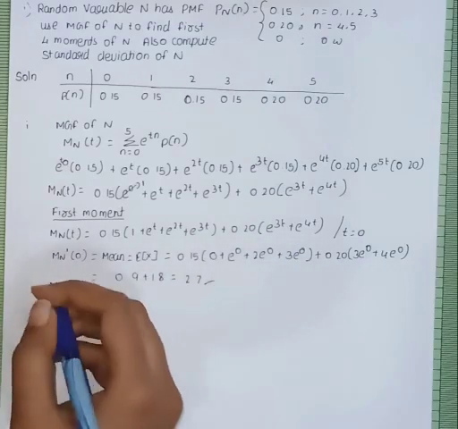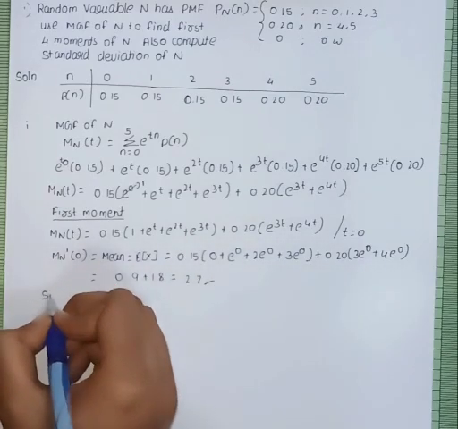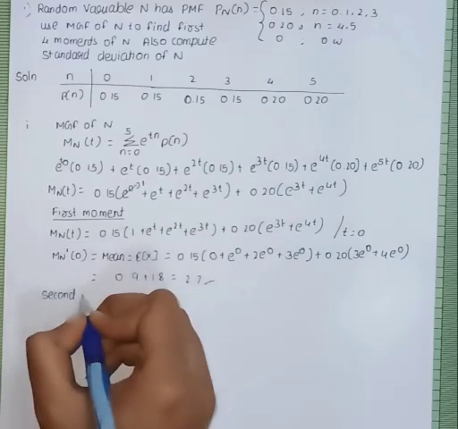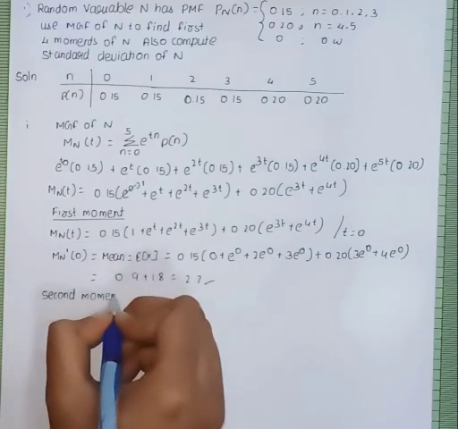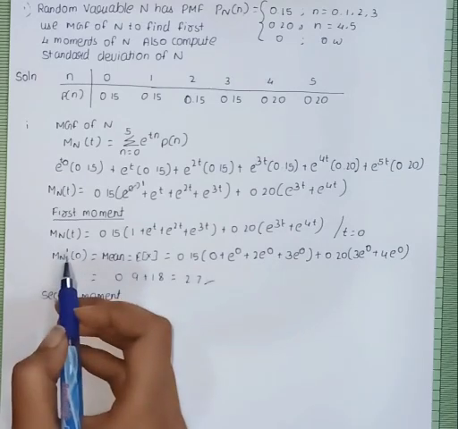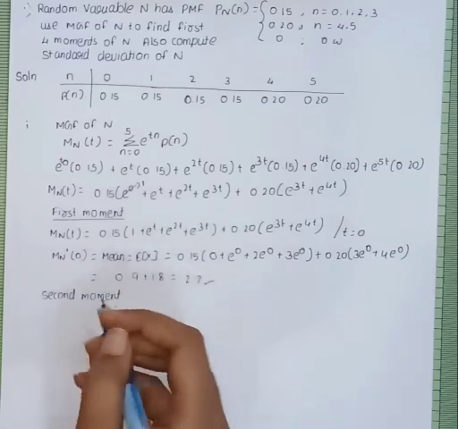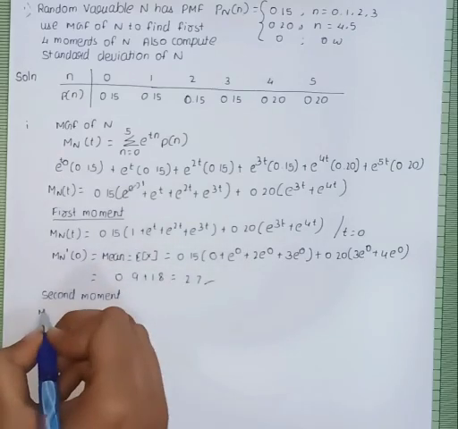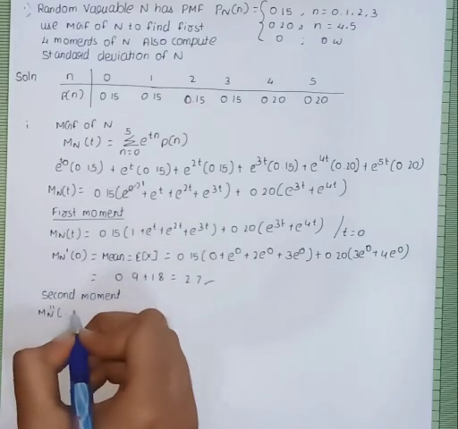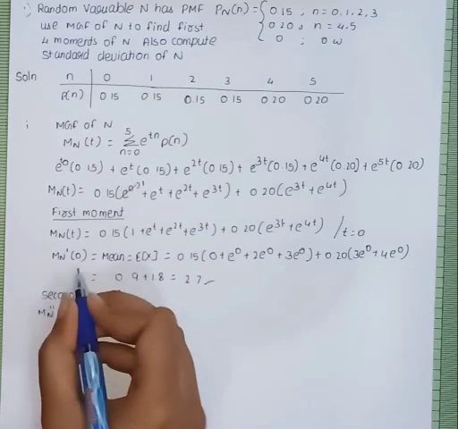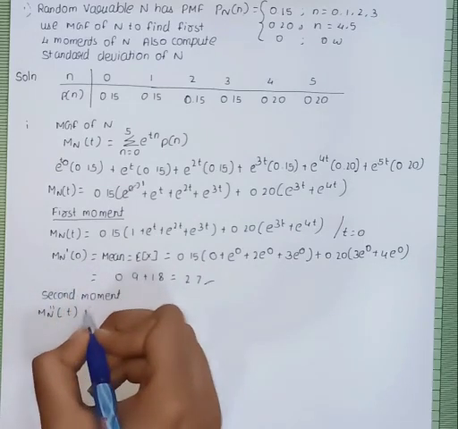We'll find the second moment. Again we need to differentiate M_N dash of t again, that is M_N double dash of t. Instead of 0 I'll take t, so that it will be easier for you.